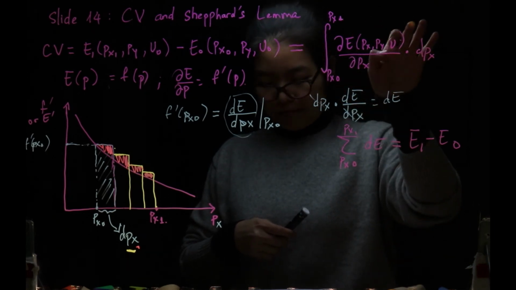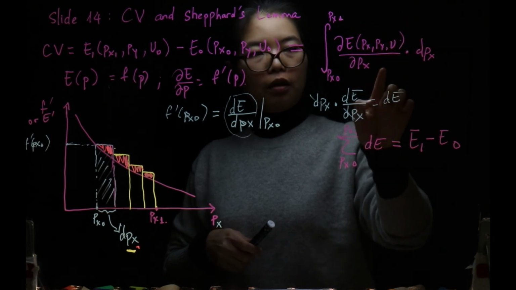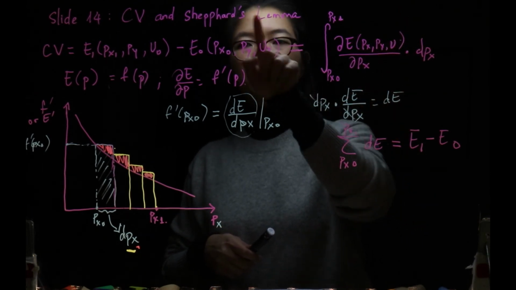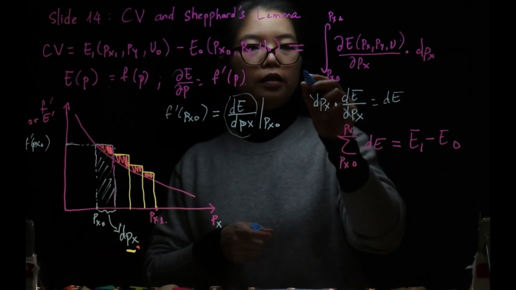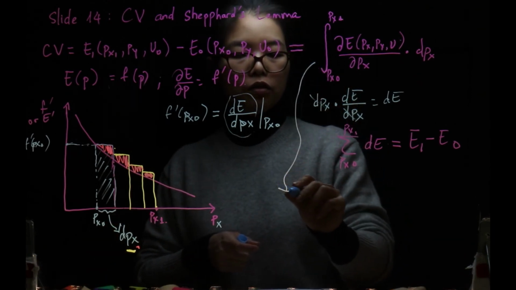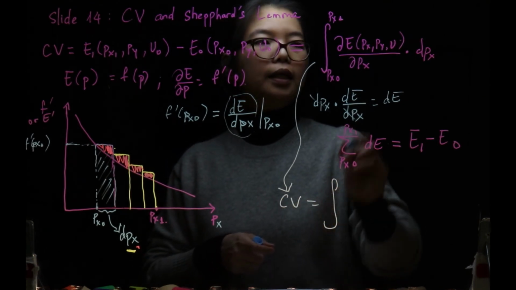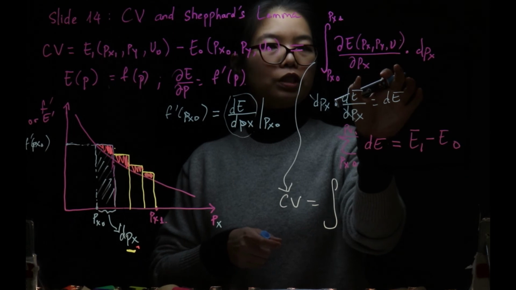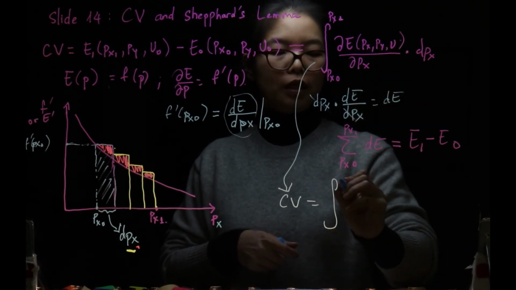Back to the problem here. So when you're taking the integrals of this thing, thanks to Shephard's lemma, you could arrive at, so let's write it here, CV equals the part inside the integral. Actually, what is that? The compensated demand function, right?